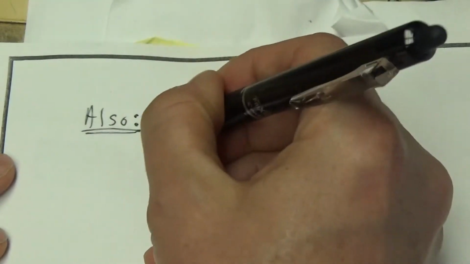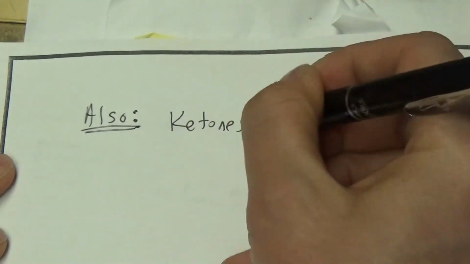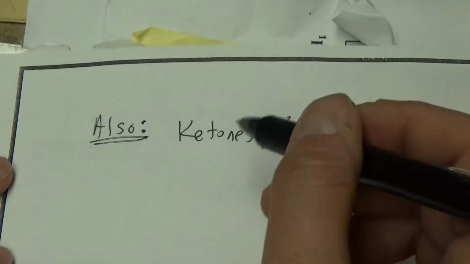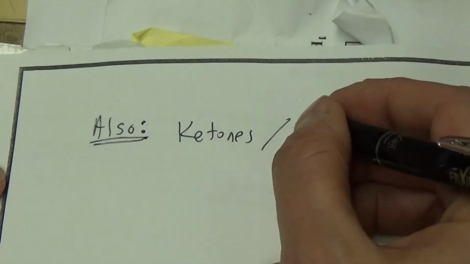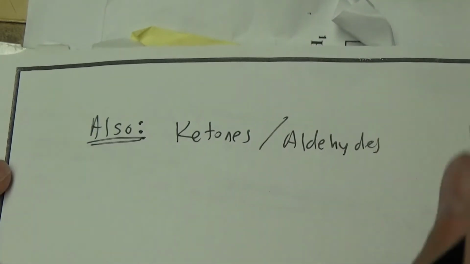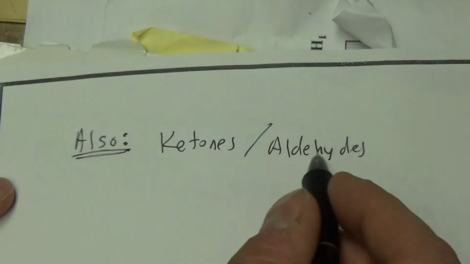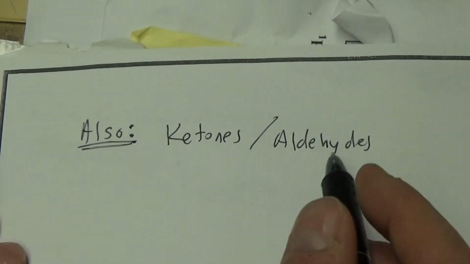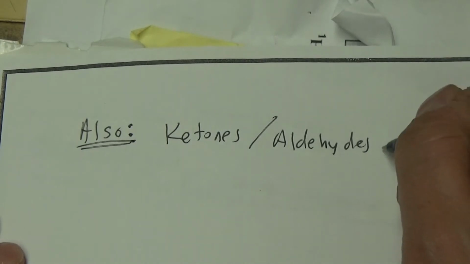So we can also react them with ketones. What other things do Grignards react with? Ketones? Aldehydes? Anything else you learned from Organic 1? Other electrophiles that we can attack with a Grignard or carbanion?